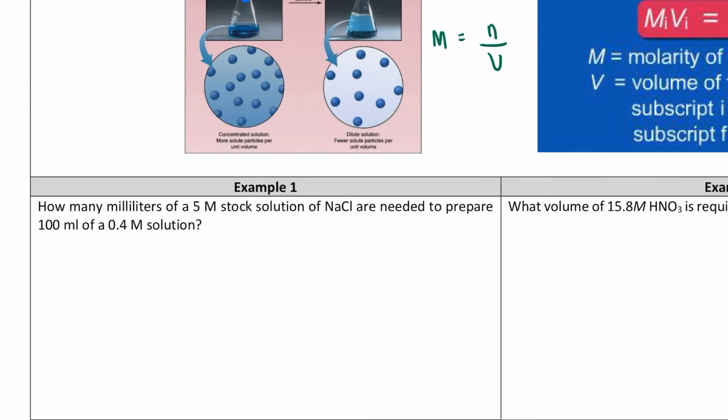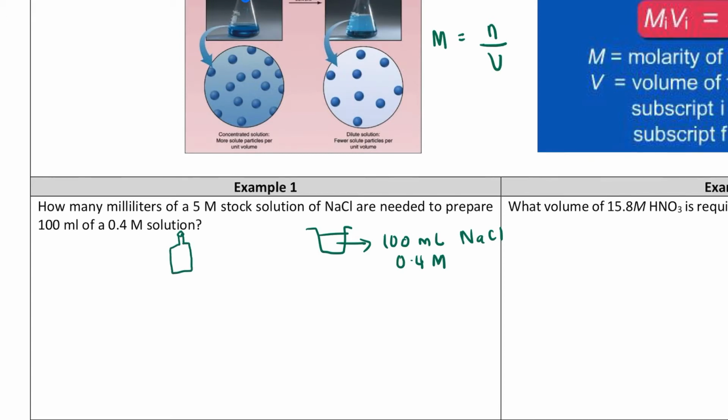Okay, so dia tanya berapa mililiter 5 molar stock solution diperlukan untuk hasilkan 100 ml 0.4 molar solution. So kiranya dia dah ada gambaran apa yang dia nak hasilkan dekat sini. Kiranya dia nak hasilkan dalam satu beaker tu, dia nak 100 ml NaCl tu. Tapi dia nak concentration NaCl tu hanyalah 0.4 molar. Okay, so dalam satu bekas tu usually, saya lukis botol lah.